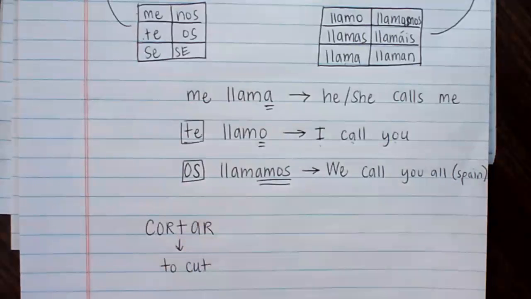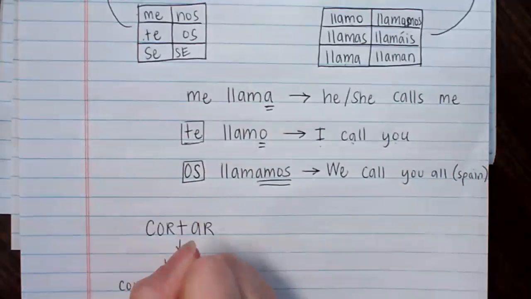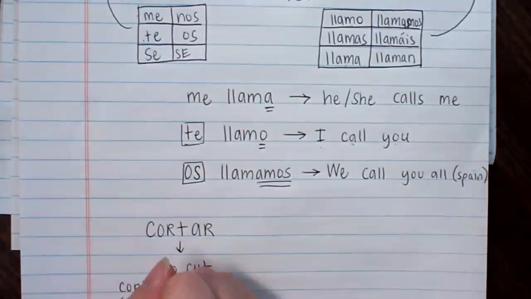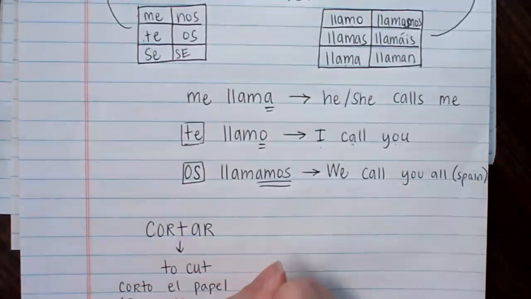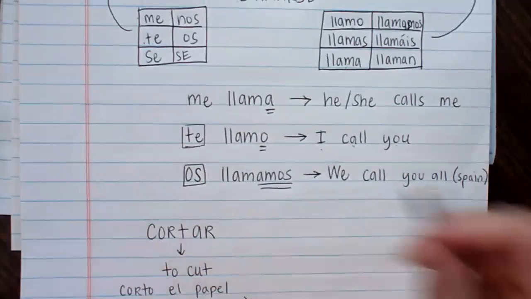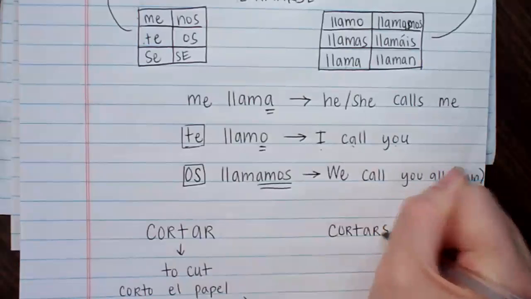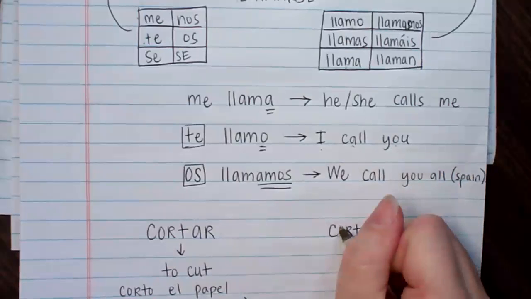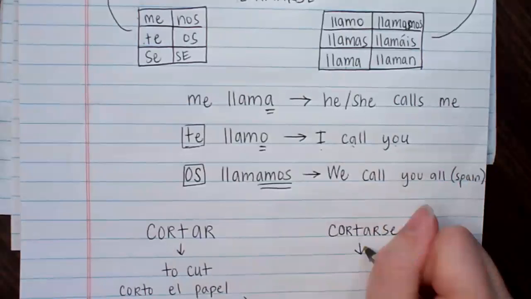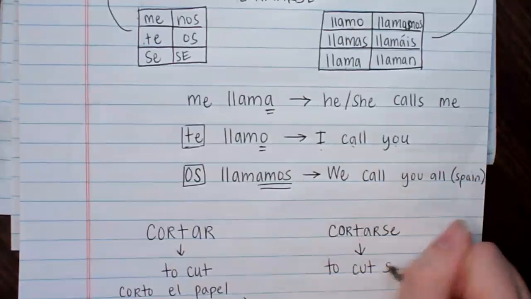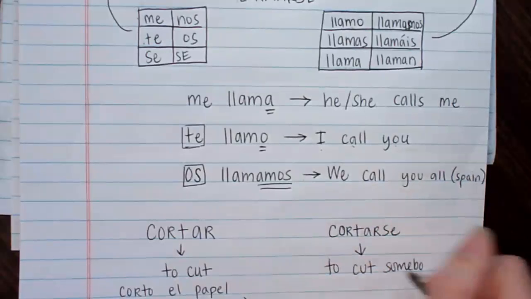So if I was saying corto el papel, I cut the paper. But if I wanted to make this a reflexive verb, it gets a little dramatic right here. So it would be to cut somebody or to cut oneself.